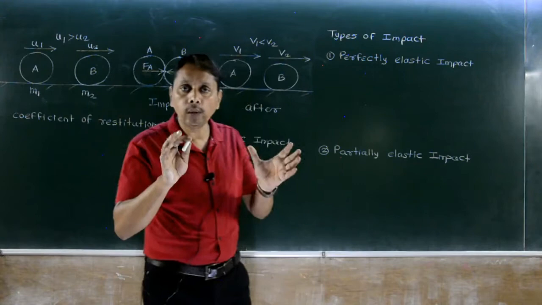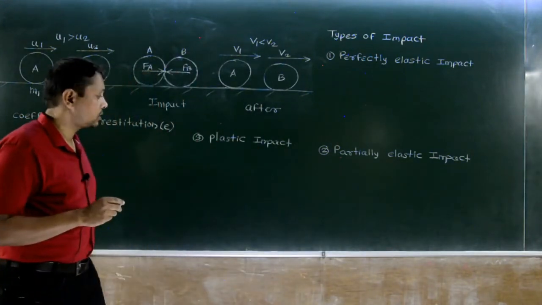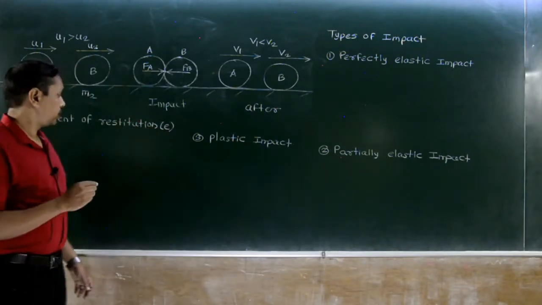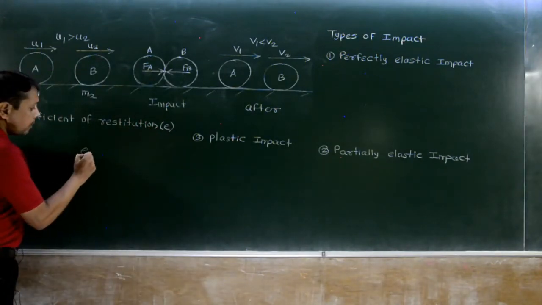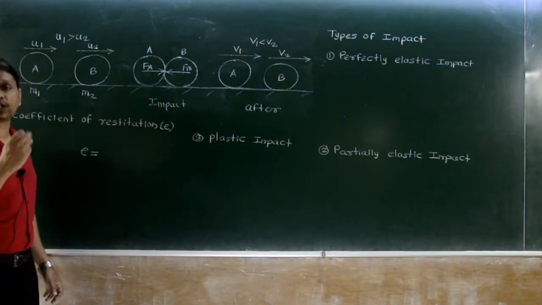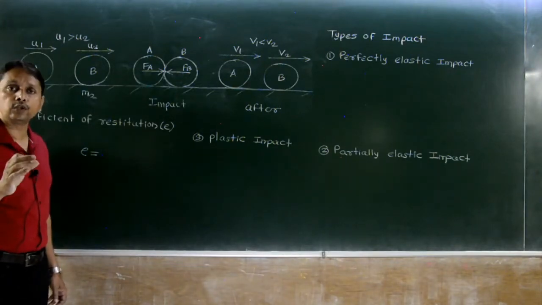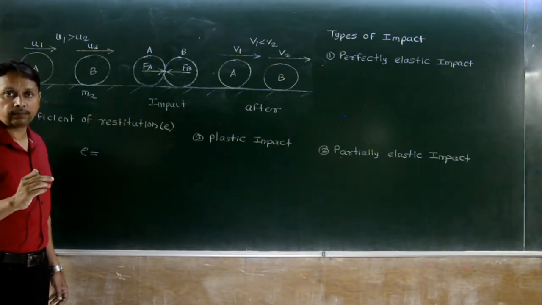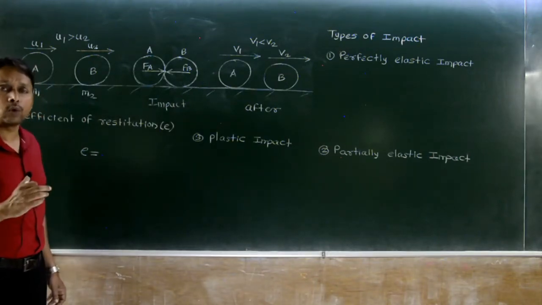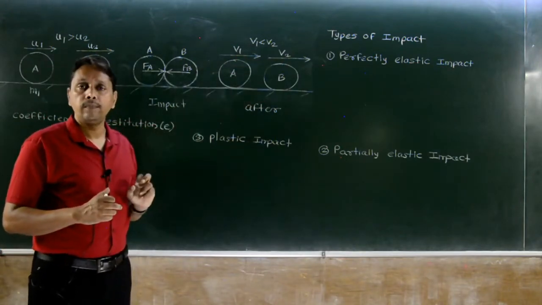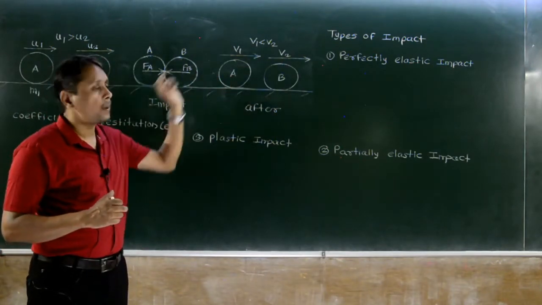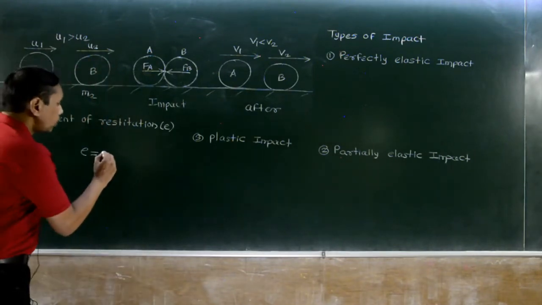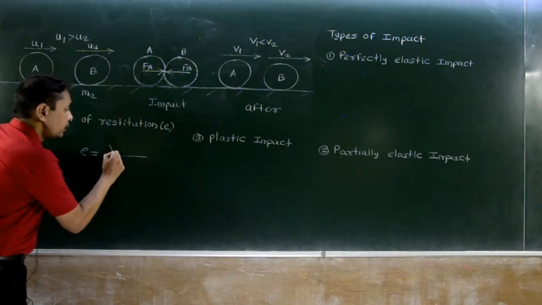And another way to remember or write the formula is that the coefficient of restitution is simply the ratio of the relative velocity of separation to the relative velocity of approach. Means what? Relative velocity means what? V2 is the velocity of B and V1 is the velocity of A. When we take the difference of these two velocities, what we get is a relative velocity.